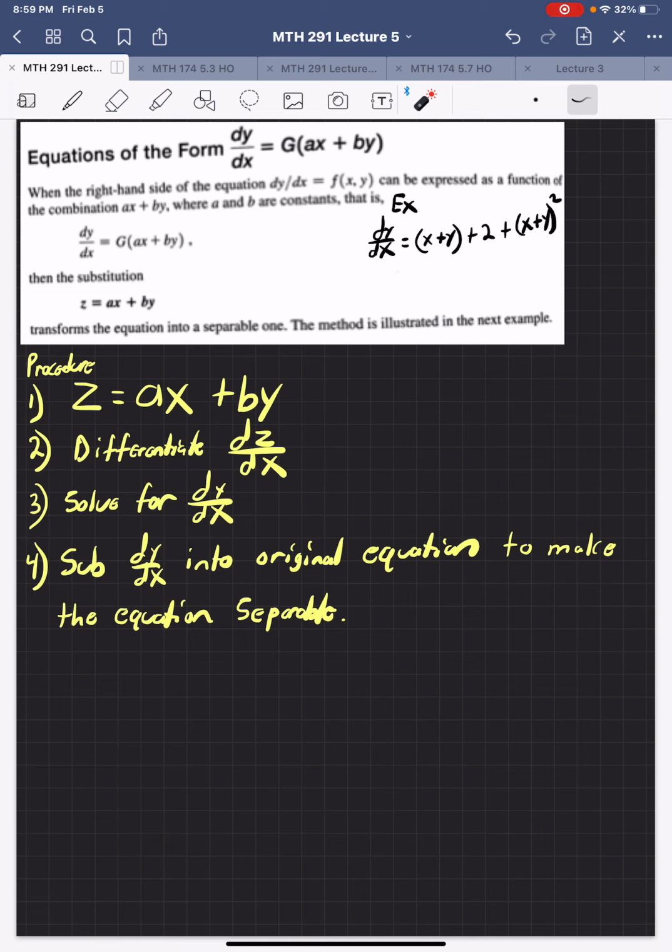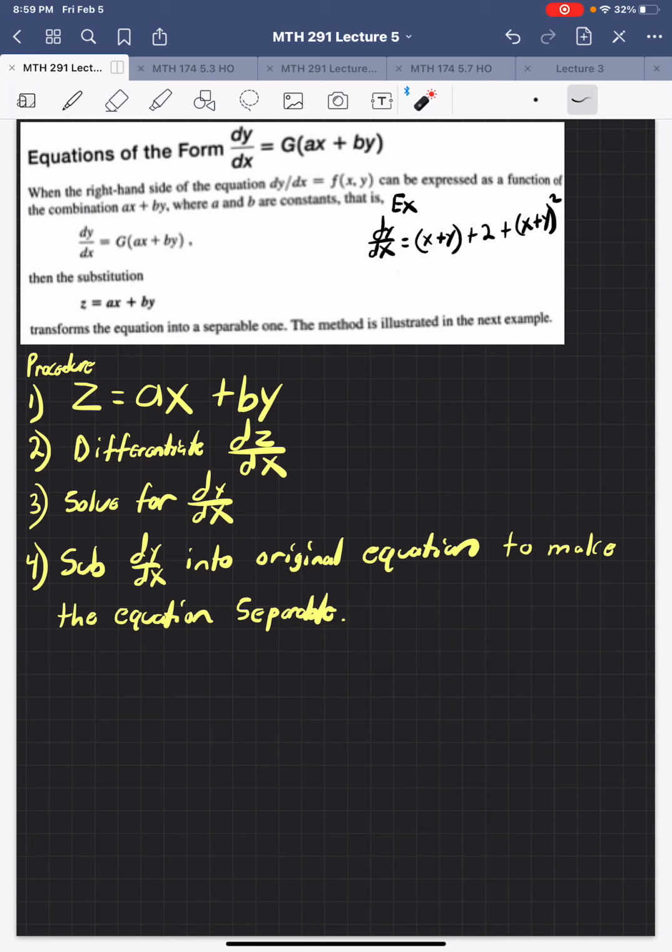Does it make sense that if this was x plus y and this were x plus 2y, that wouldn't work? Because I need to be able to plug this z in for the entirety of it. It needs to be expressed entirely in terms of the same ax plus by, so that I can substitute that z.